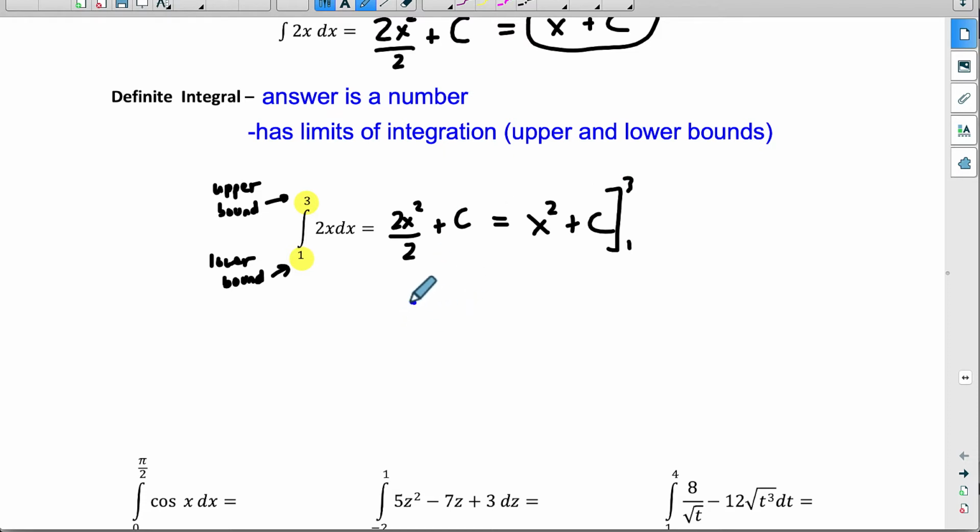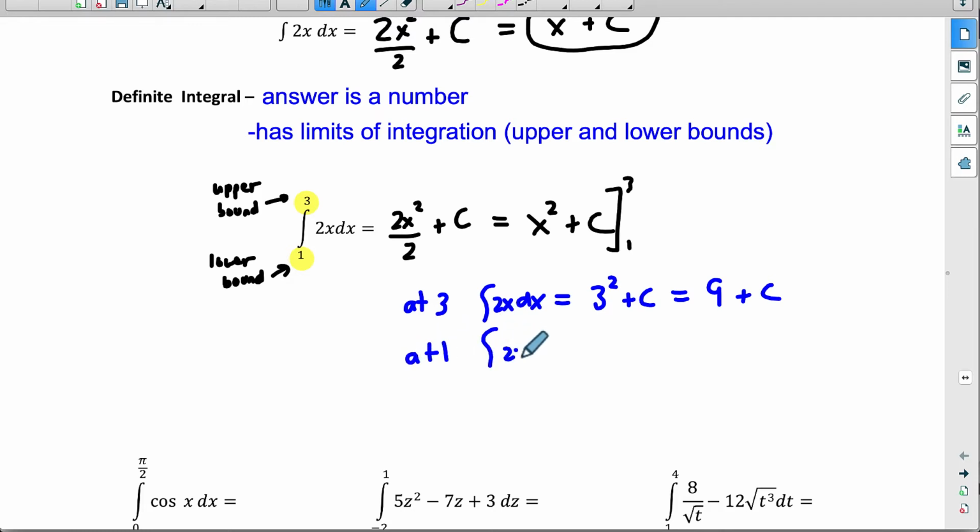Let's do this. At 3, this amount, 2x dx, which is what we started with, equals x squared, but we're putting 3 in there, 3 squared plus c. Well, we can simplify that. You get 9 plus c. Now, at 1, how much does 2x dx equal?